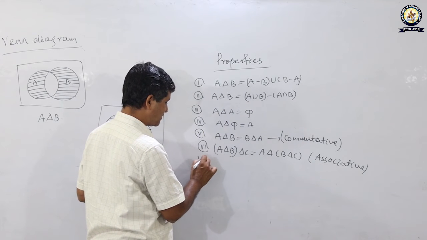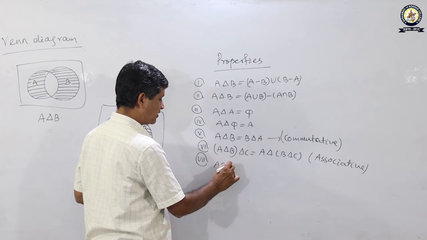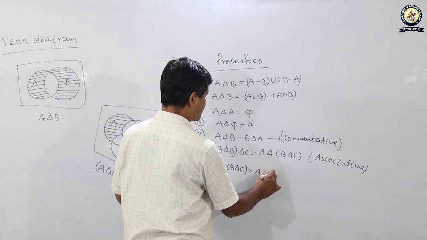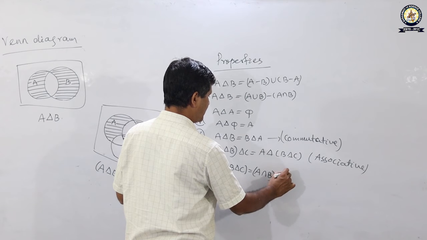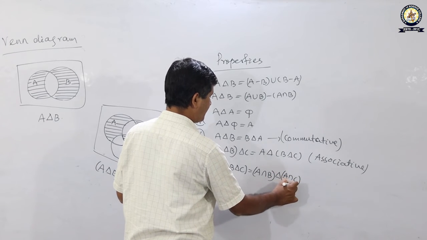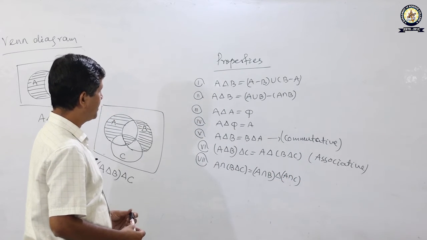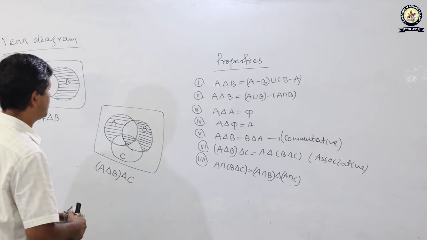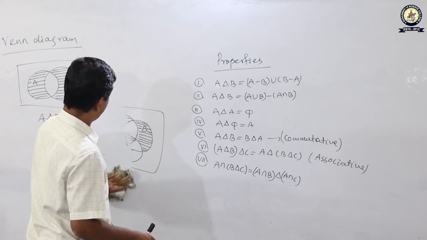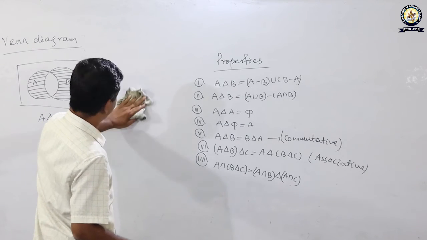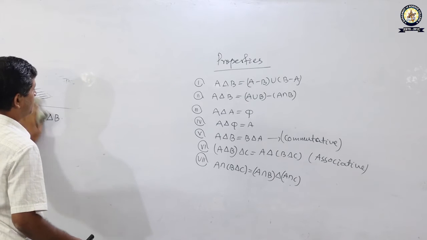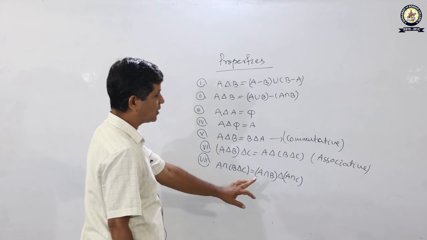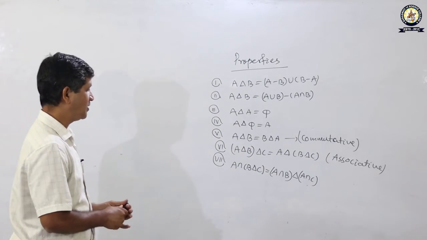And the last part is A intersection B del C is equal to A intersection B del A intersection C. This is the 7th bit, and the proof of the 7th bit is most important in case of annual exam. So we will discuss the proof of it.